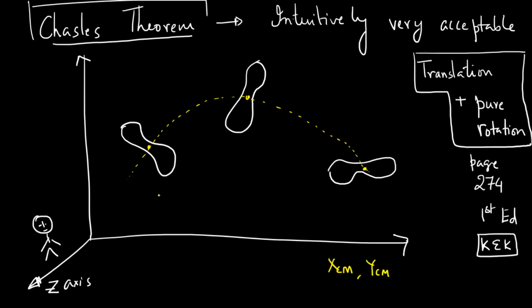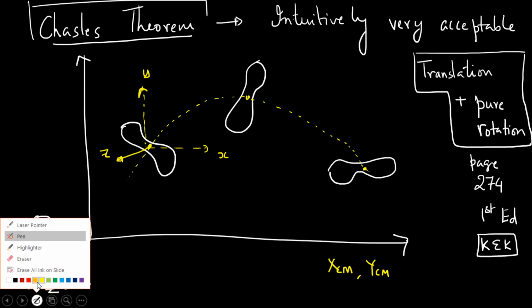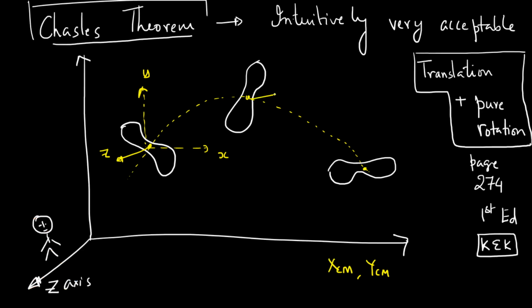Next, imagine yourself taking a dynamic axis that is always parallel to the axes that have been chosen, x, y, and z here. And let's assume that you're an observer who is traveling along with the origin, along with the center of mass. So the center of mass is turning out to be very important.